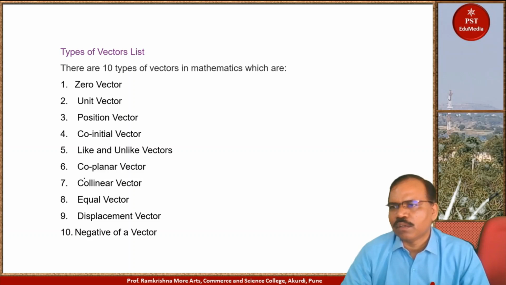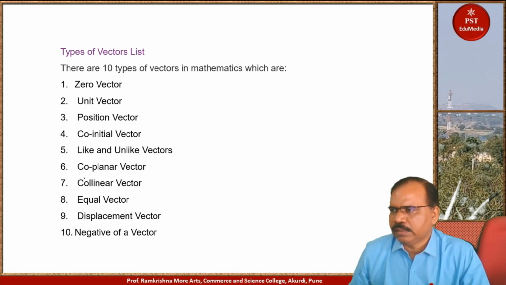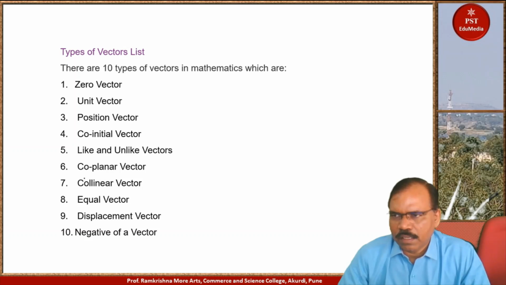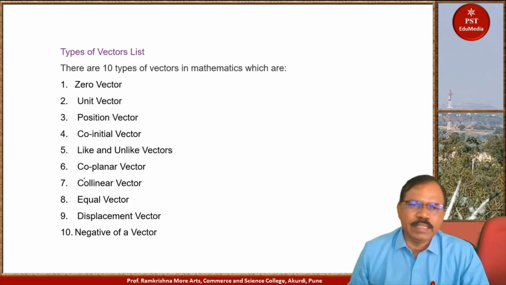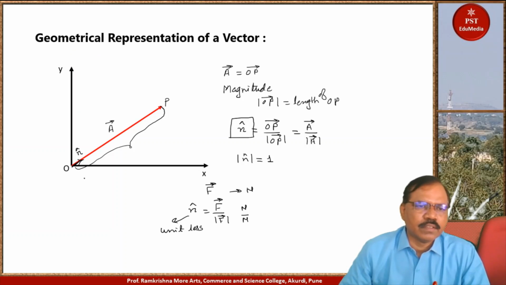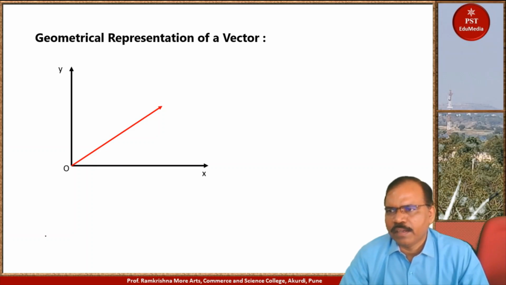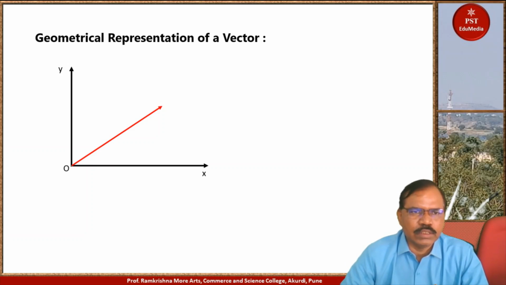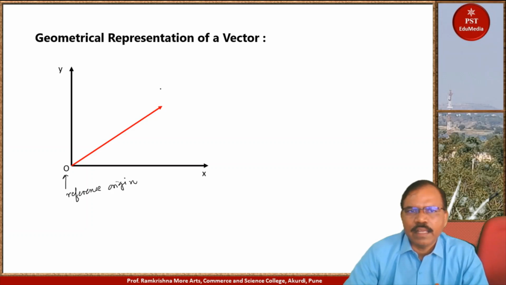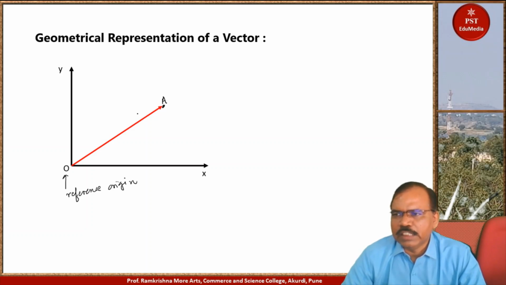Now the next one, position vector. What is a position vector? Suppose O is taken as a reference origin, and A is an arbitrary point in space.